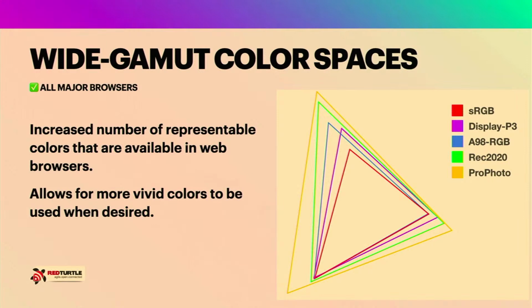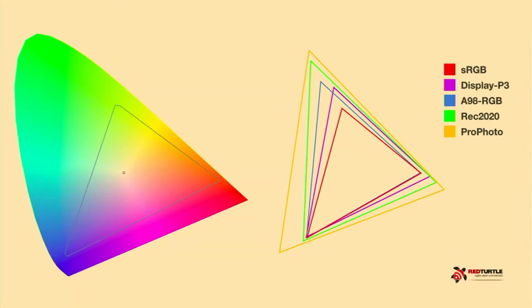Those are actually triangles in this space on the left. The space there on the left is the common shape we usually use to represent the colors that our eyes can see.